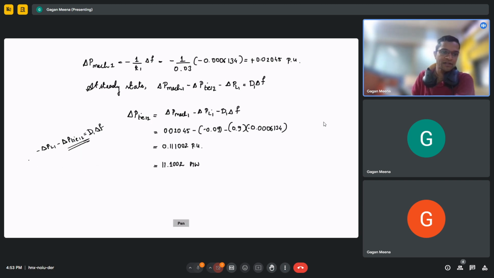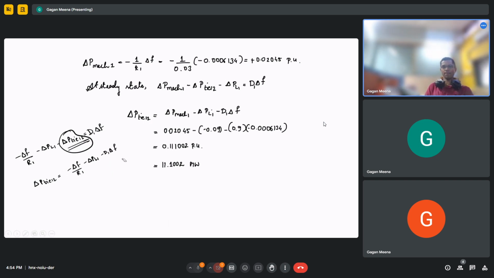So this becomes minus delta F1 and delta F divided by R1. From here also you can find out the P Ti12. So same thing is used here. Delta P Ti12 becomes minus delta F by R1 minus delta PL1 minus D1 delta F.